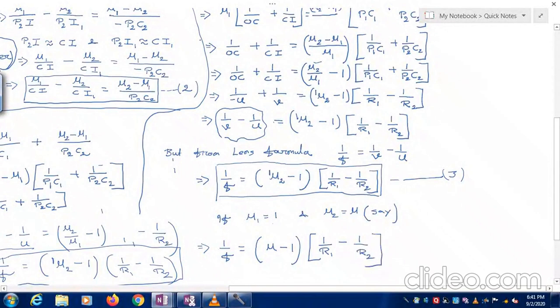This is for air medium. So this is the final formula.